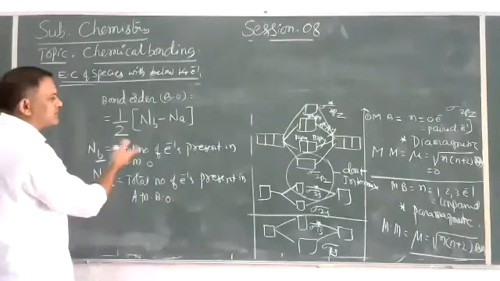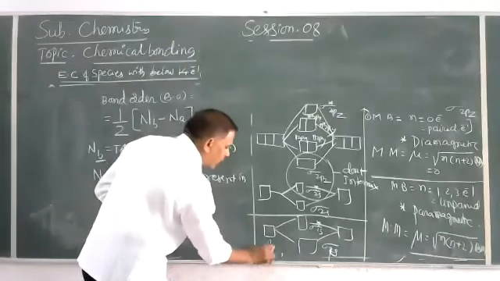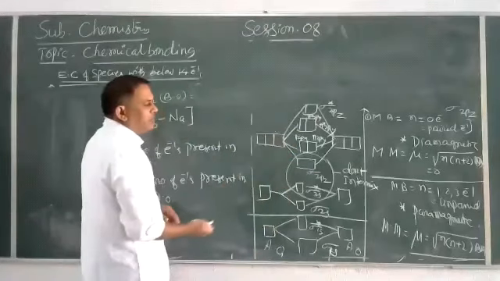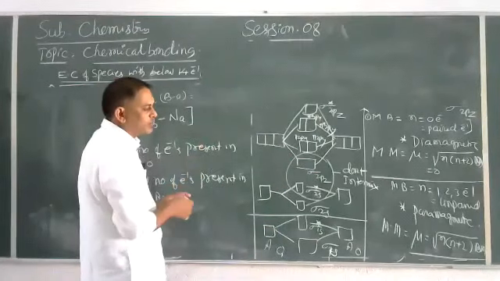Don't count the atomic orbitals while calculating magnetic behavior, bond order or related points based on MOT.